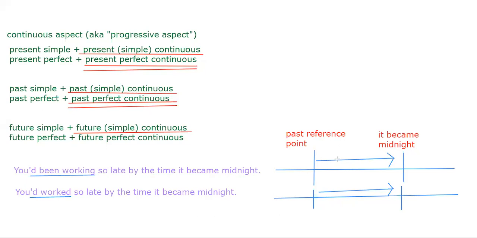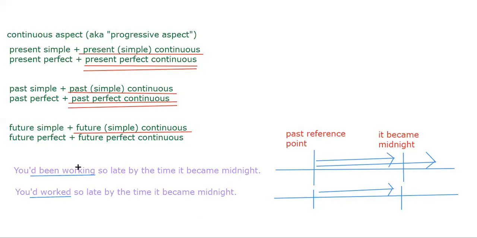So here's the difference. Both imply that one event started in the past to lead up to another point, but with the past perfect continuous, the event may still continue. So it may have gone past that point. It may have still continued. I should say "may have still continued" because it's a past action. I shouldn't say "may still continue" because that doesn't make any sense.